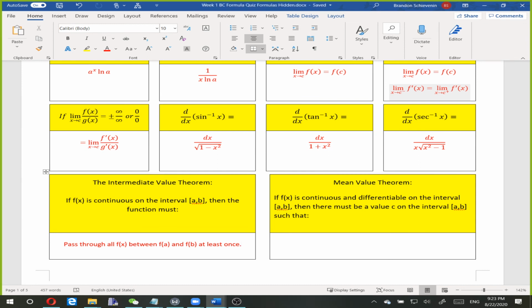Okay, you can give me an equation. Yep. So f prime c is equal to, say one more time. f prime c is equal to f of b minus f of a over b minus a.